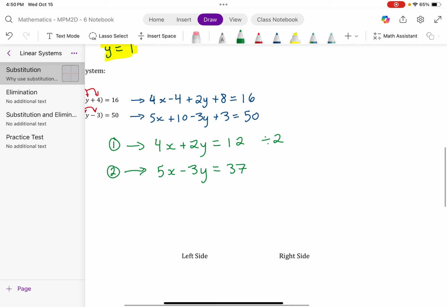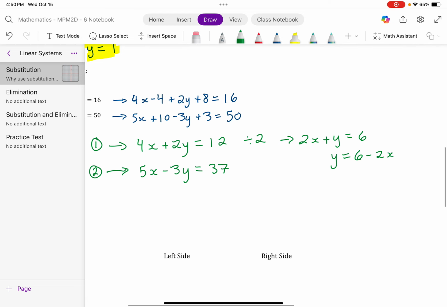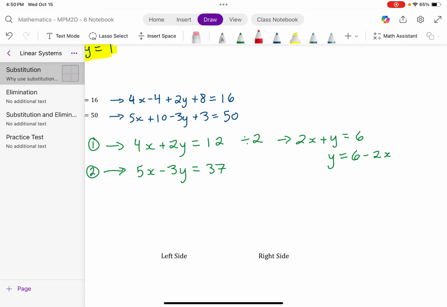So if we rewrite that equation after we divide by 2, it becomes 2x plus y is equal to 6. And if we isolate for y, we get y equals 6 minus 2x. Now we can take this new equation that we've isolated for y and sub it into equation 2.